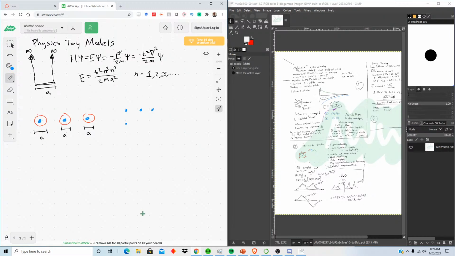So rather than looking like this is all trapped in region A, now the electrons are trapped in a larger region. We'll just say big A for now.